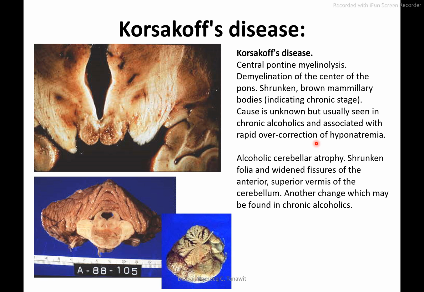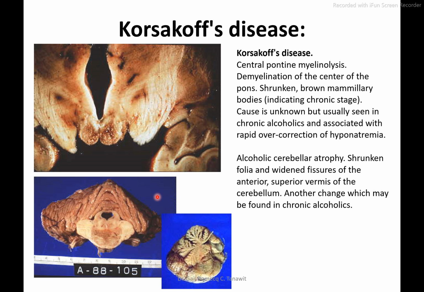So, for your central pontine myelinolysis, there would be demyelination of the center of the pons. Okay, here, so, shrunken, brown mammillary body, okay, indicating chronic stage.